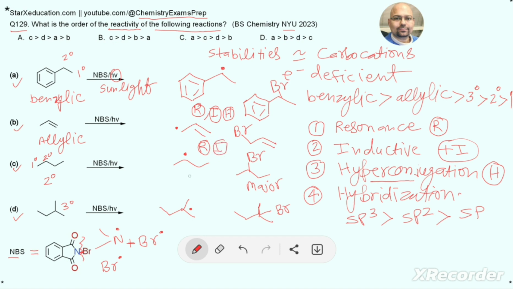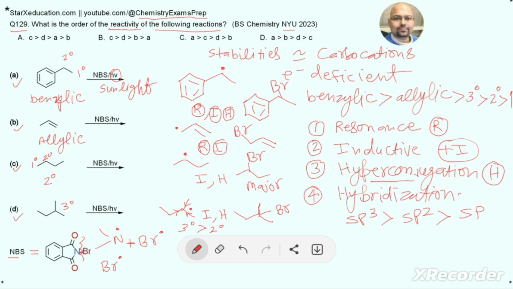In case of C, the stability is due to inductive effect and hyperconjugation. In case of D, again, the stability is due to inductive effect and hyperconjugation. But there are more groups here which are stabilizing the radicals. Therefore, a tertiary radical is more stable than a secondary radical.